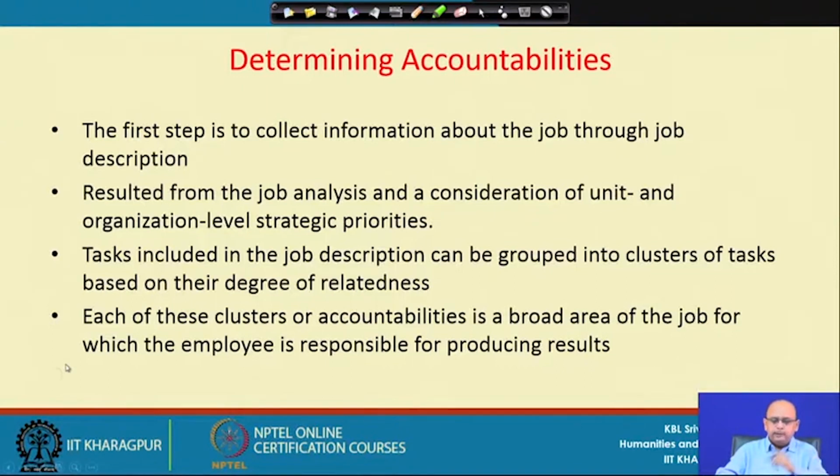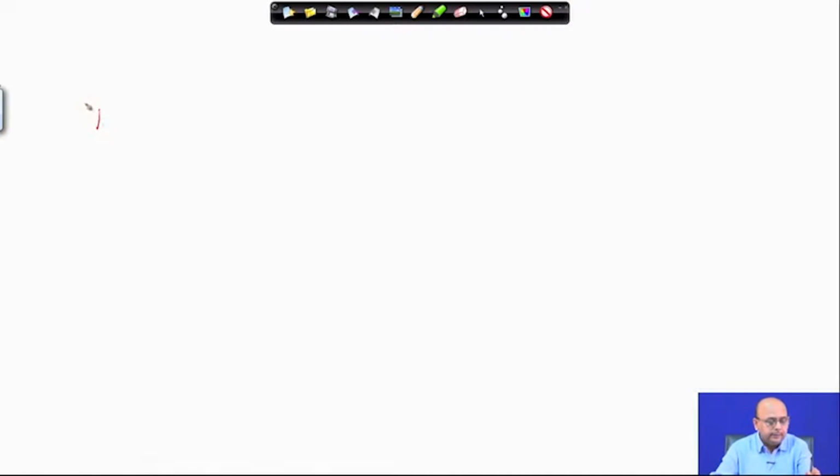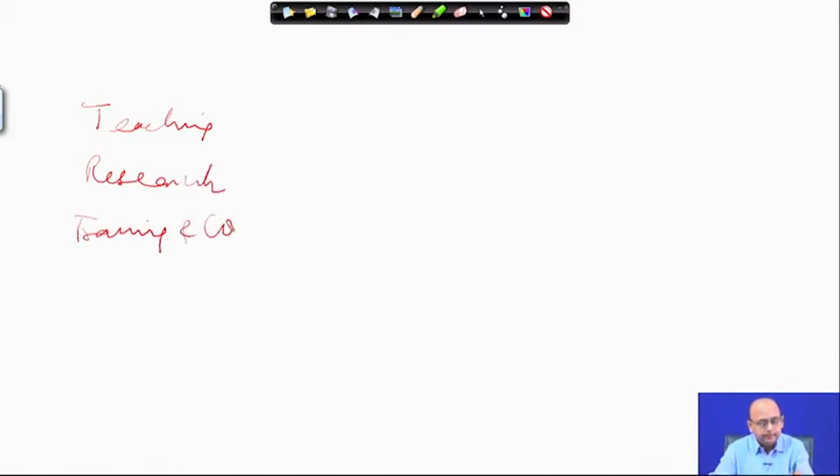Now, once you are able to determine key accountabilities, you have to see how much importance you are giving to each of these key accountabilities, right. When you are going to give relative importance, you have to see whether you are going to spend an equal amount on these three activities. Say for example, we talked about three performance areas: teaching, research, and training and consulting.